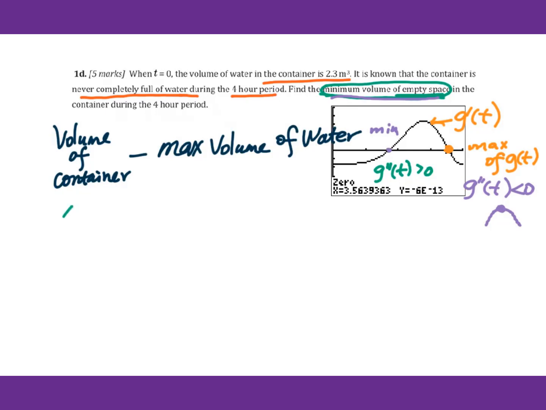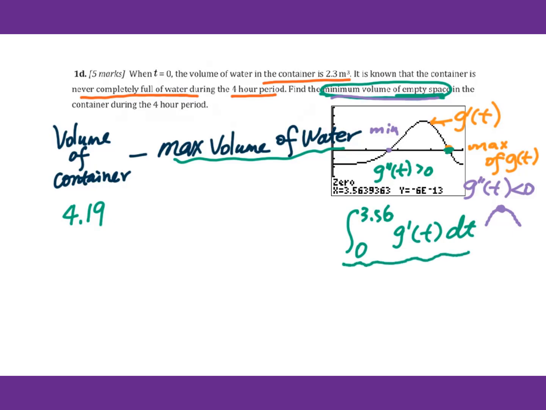Volume of container, that's 4.19. We figured that out from 1a. Maximum volume of water, we already know this point. So we get the integral from 0 to 3.56 of g prime t dt.